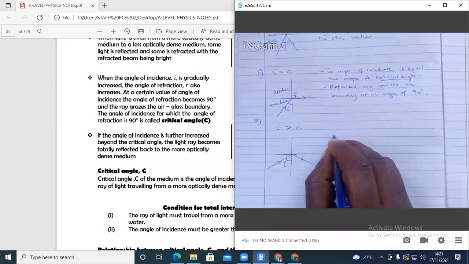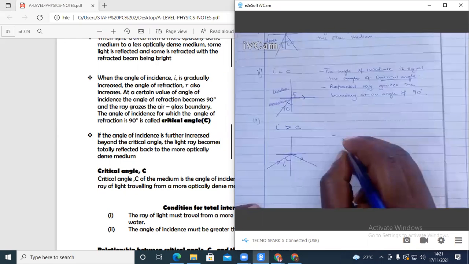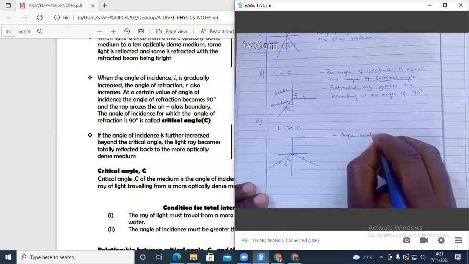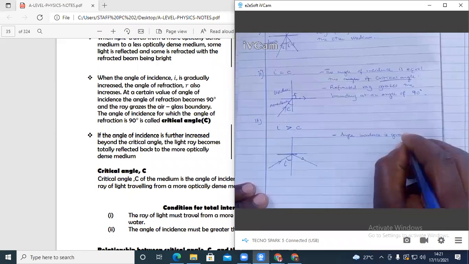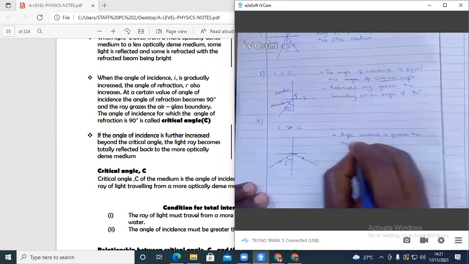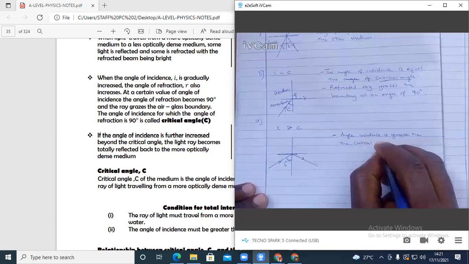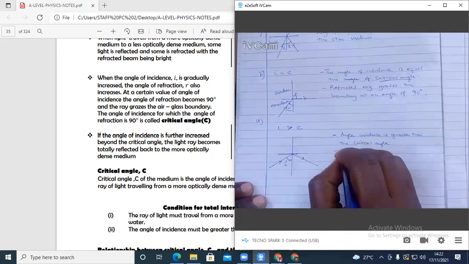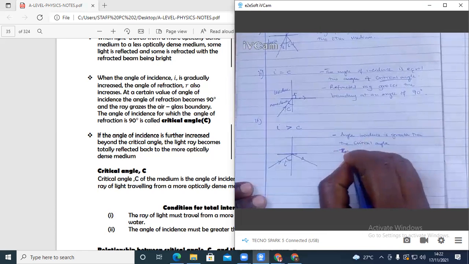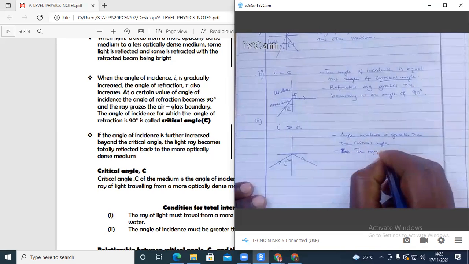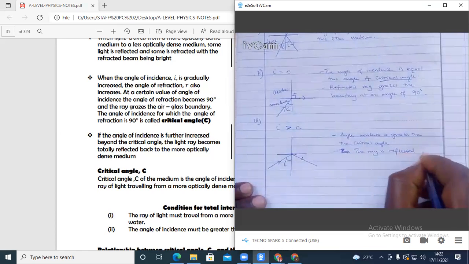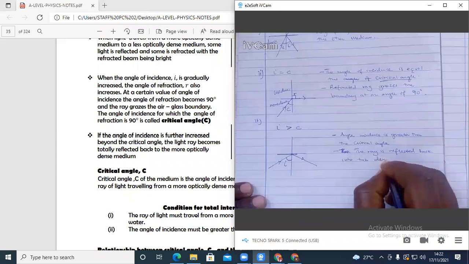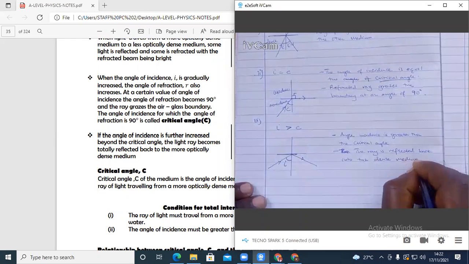So the first thing you have to know is that the angle of incidence is greater than the critical angle. Then the other thing that you have to note is that the ray is reflected back into the dense medium.